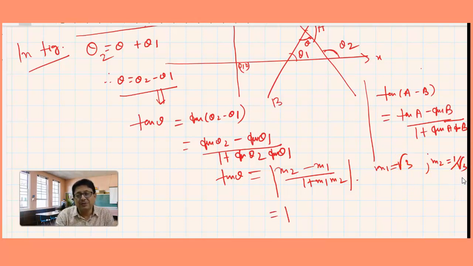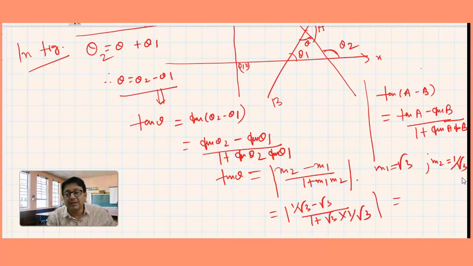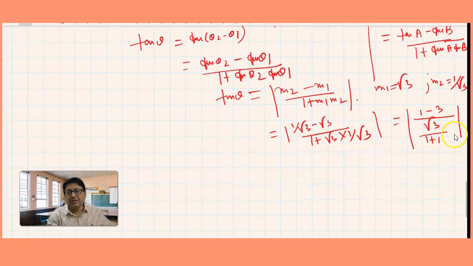It is mod of (1 by root 3 minus root 3) divided by (1 plus 1). Root 3 is the LCM, so 1 minus 3 by root 3, over 1 plus 1. So this is minus 2 by 2 root 3. By using the mod sign, it becomes plus. So this is 1 by root 3.